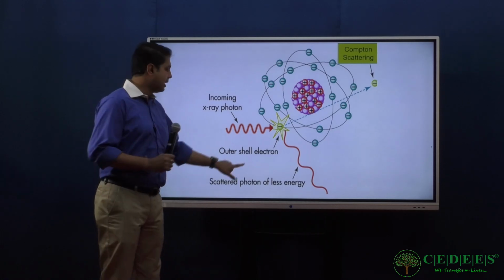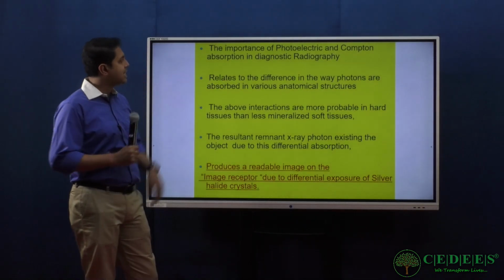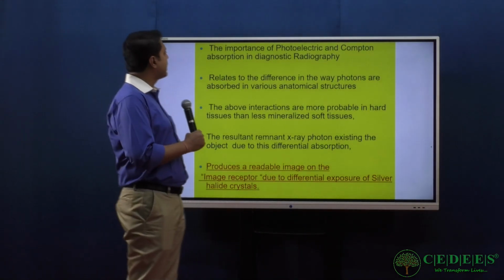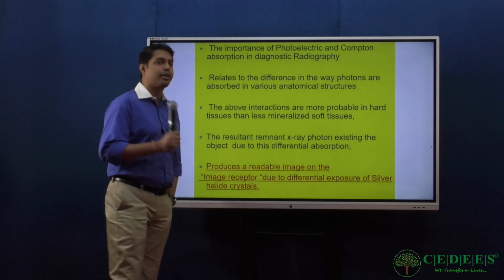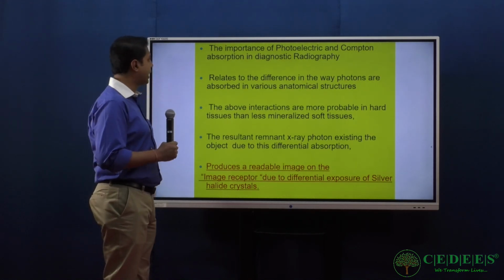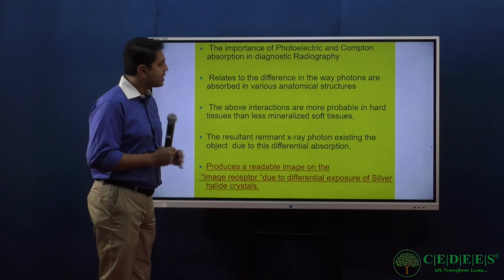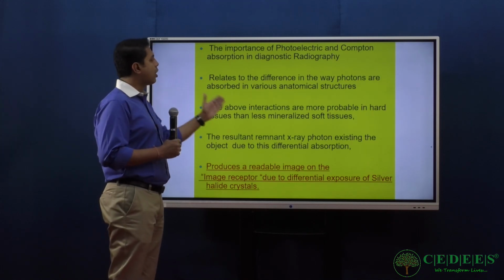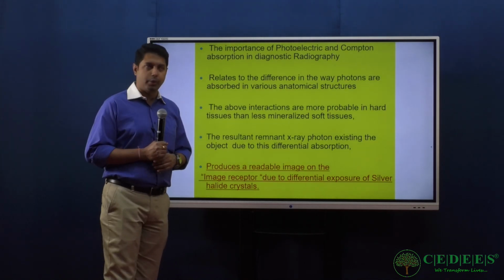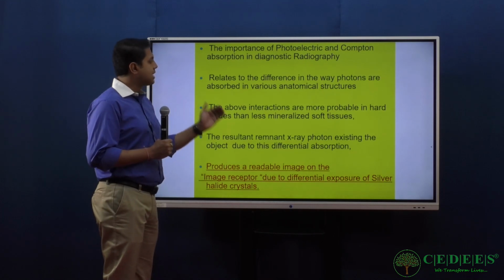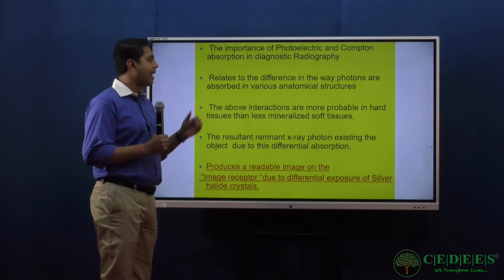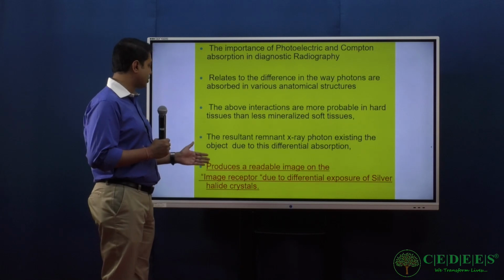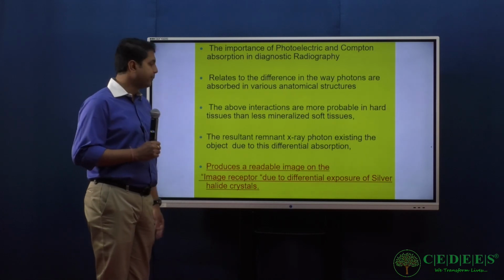Okay, I think it is clear. With these concepts, we say that the importance of photoelectric and Compton absorption in diagnostic radiology is very prominent. It relates to the difference in the way photons are absorbed in various anatomical structures. The above interactions are more probable in hard tissues compared to the less mineralized soft tissues.